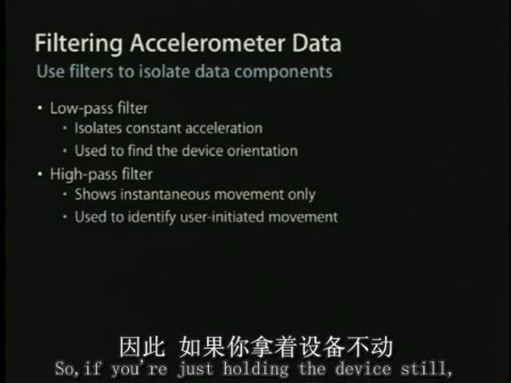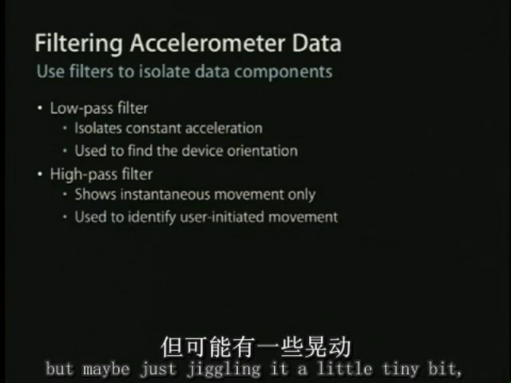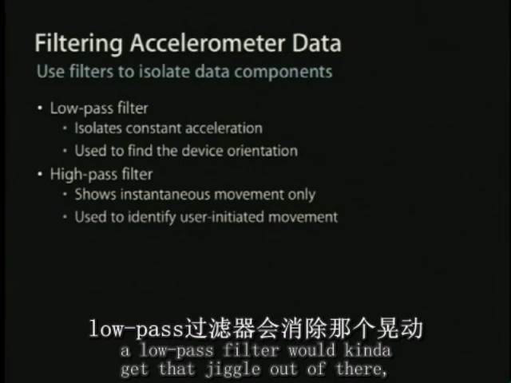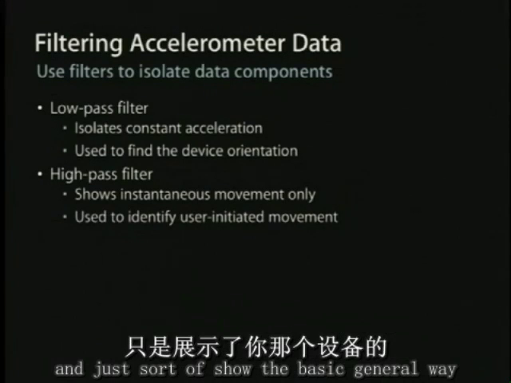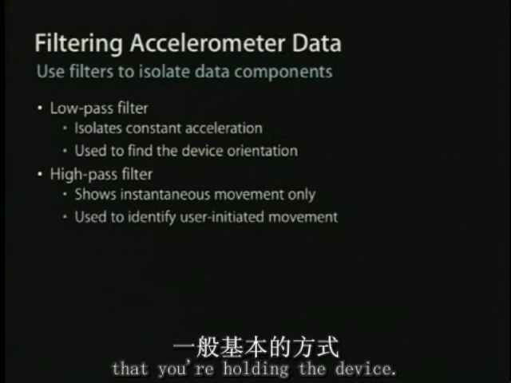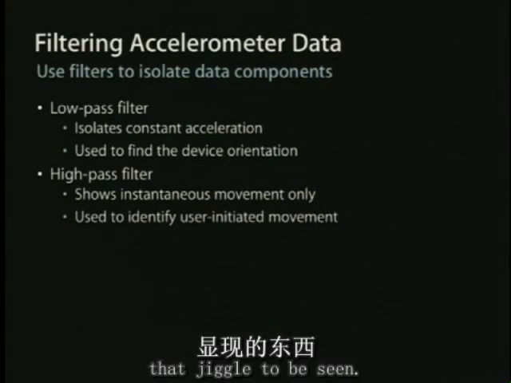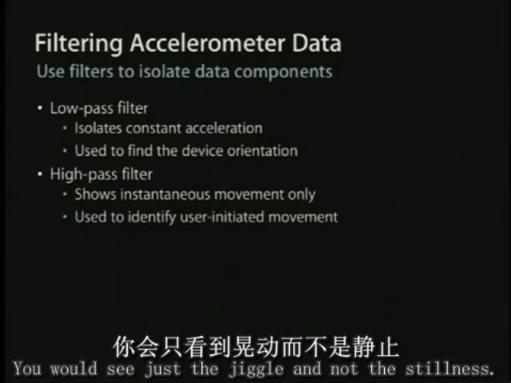So if you're just holding the device still, but maybe jiggling a tiny bit, a low-pass filter would get that jiggle out of there and just show the basic general way that you're holding the device. A high-pass filter would be the thing that we do to allow that jiggle to be seen. You would see just the jiggle and not the stillness.